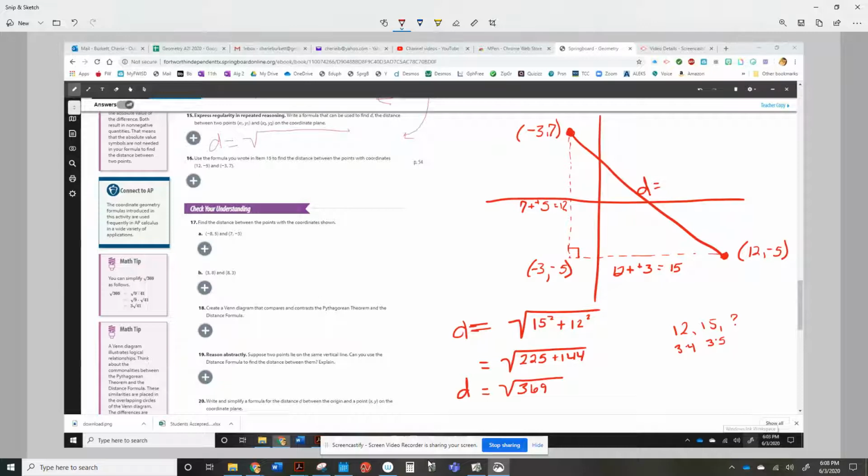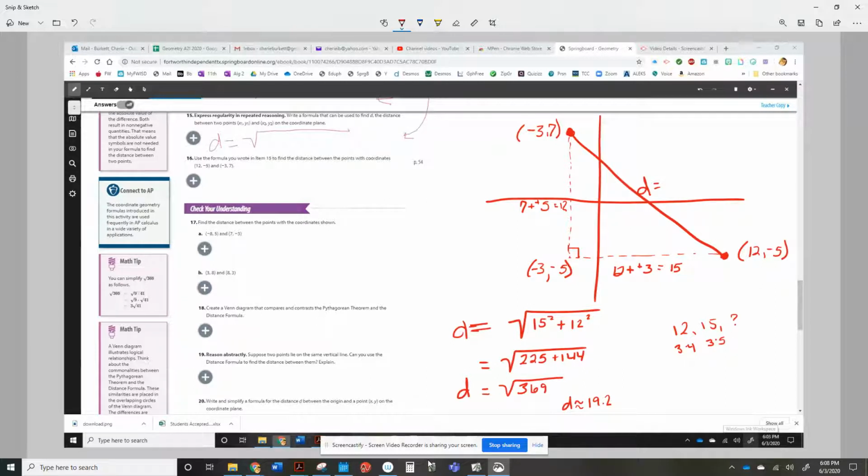So I'm going to take the square root of 369. And I got to take the square root of it. Yeah, I get about 19.2.